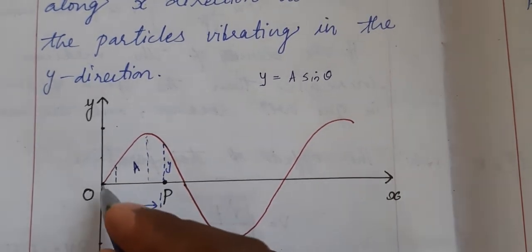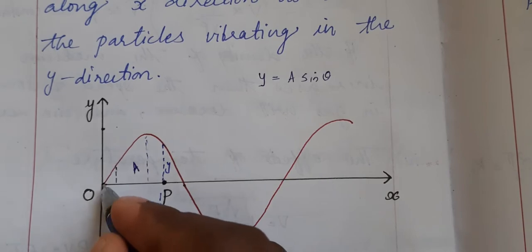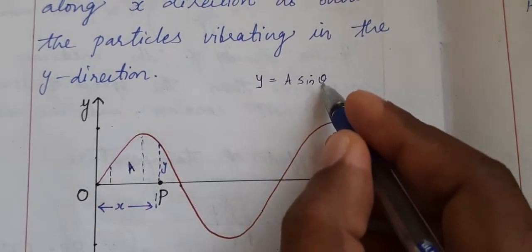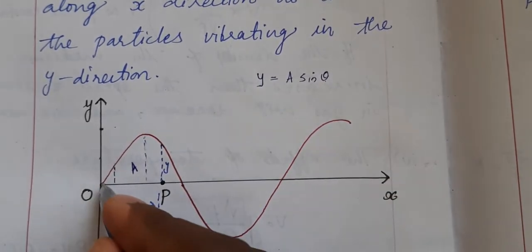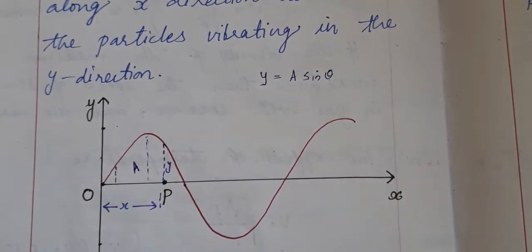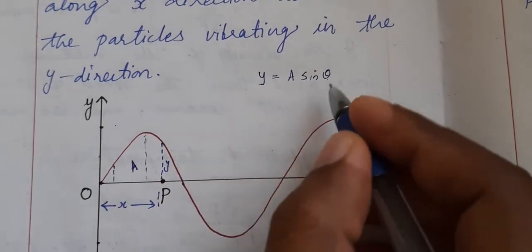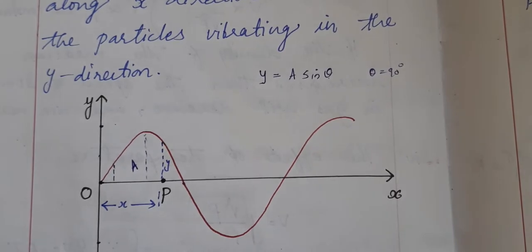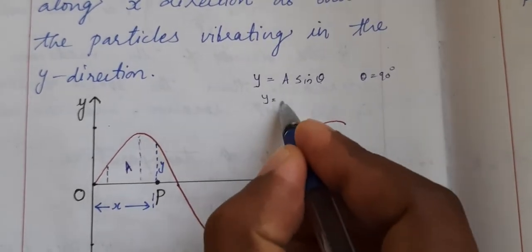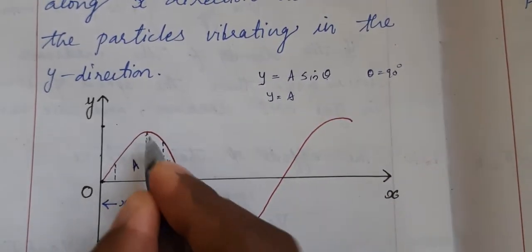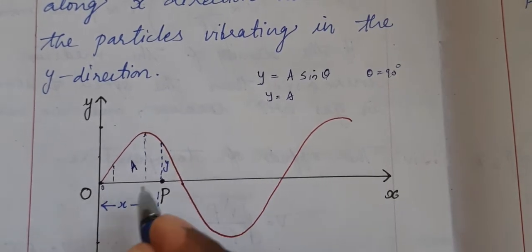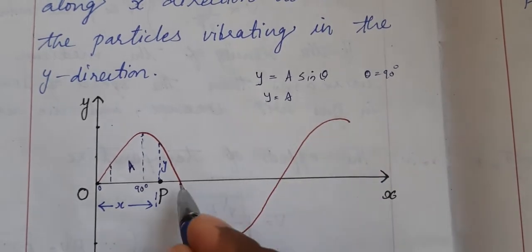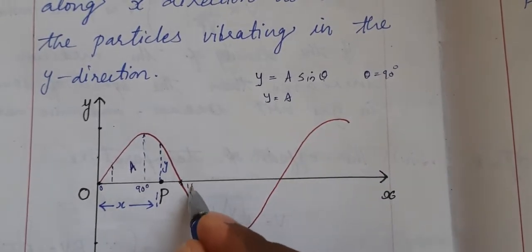For example, here if the angle is 0, I can mark the angle as 0. For that 0, the displacement y is also 0. For an angle theta of 90 degrees, we get y equal to a. That is at this point. It means this will correspond to 0 angle, this will correspond to 90 degrees, and this will correspond to 180 degrees.